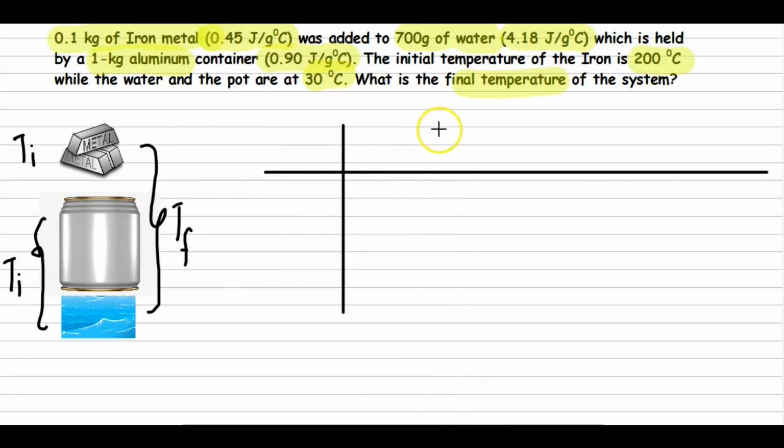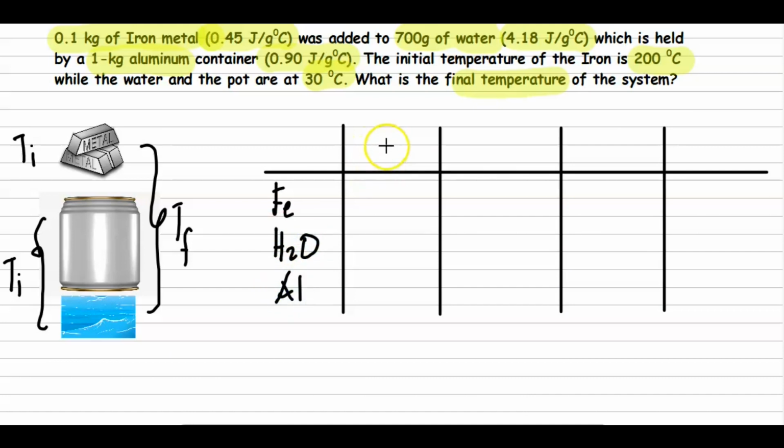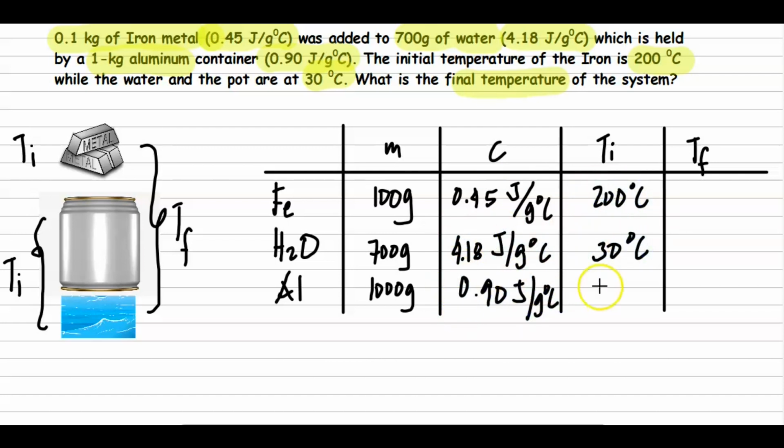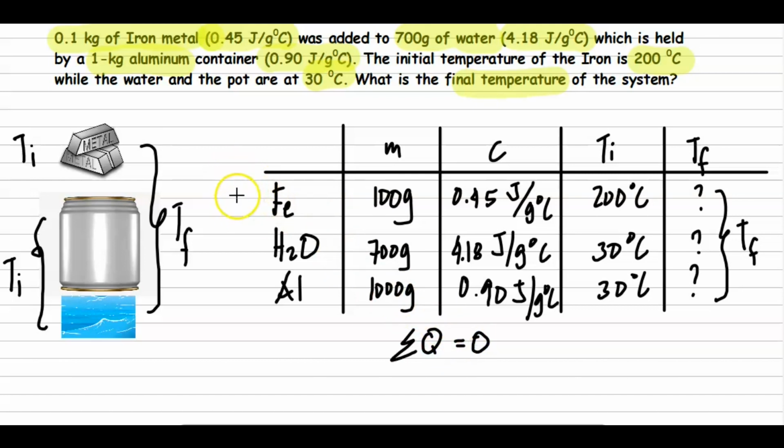We can organize all the given in this table. And take note that we need to convert all the kilograms to grams so that it would be the same with the specific heat. In this example, the iron will be losing energy while the water and the aluminum container will be gaining the energy lost by the iron.